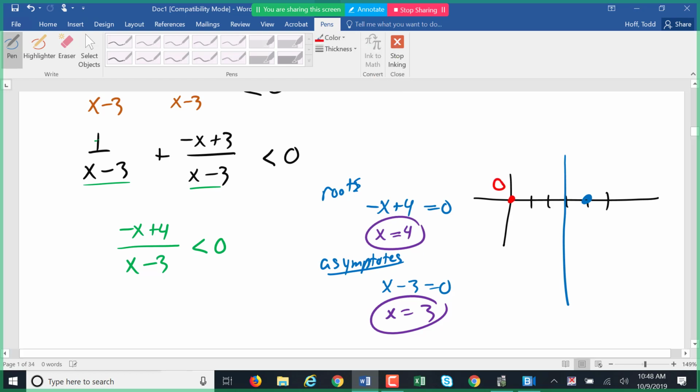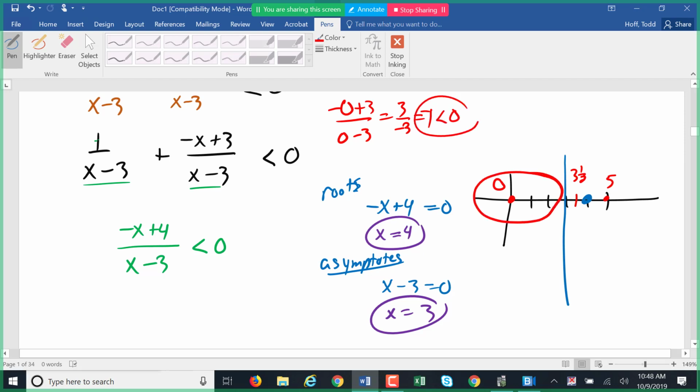I'll use 0 again since it's easy. Here I've got to use like 3.5, and over here I'll use 5. So if I test 0, negative 0 plus 3 over 0 minus 3, that's just 3 over negative 3, which is negative 1. That is less than 0. So we're true over here.